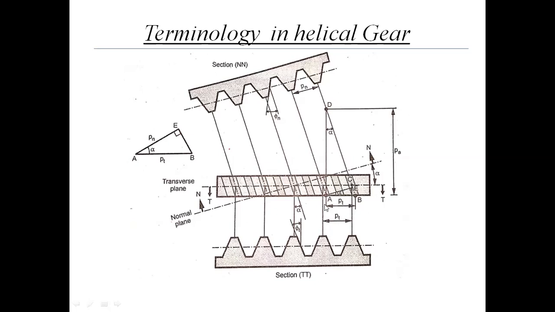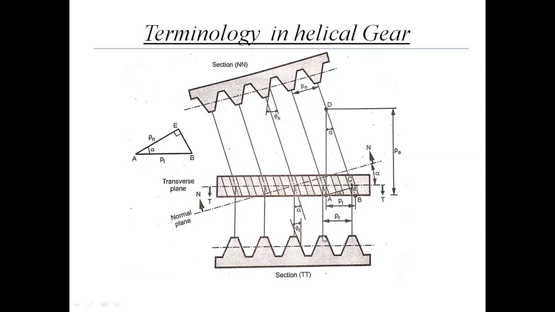So this center point and the adjacent point, the corresponding point of the adjacent teeth. This distance along the pitch circle diameter is Pt, P suffix T, measured along the transverse plane.